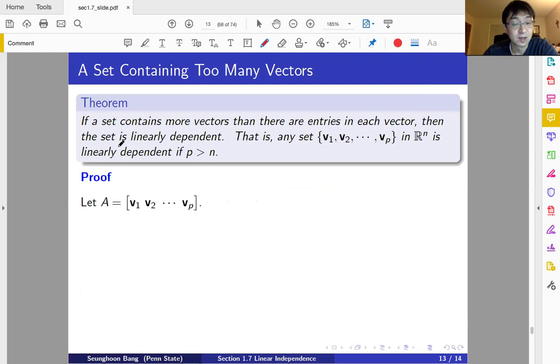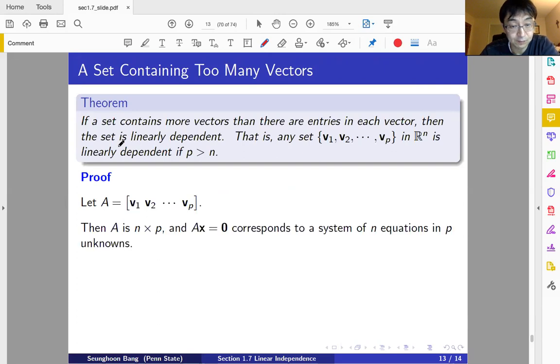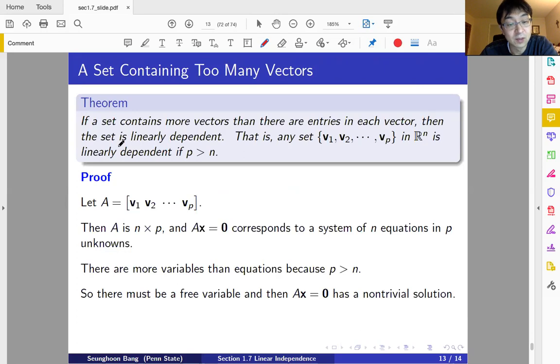Proof. Let A be the matrix [v1 v2 ... vp]; then A is an n times p matrix. Ax equal to 0 corresponds to a system of n equations in p unknowns. There are more variables than equations because p is greater than n, right? So there must be a free variable, and then Ax equal to 0 has a non-trivial solution. Therefore, the columns of A are linearly dependent.